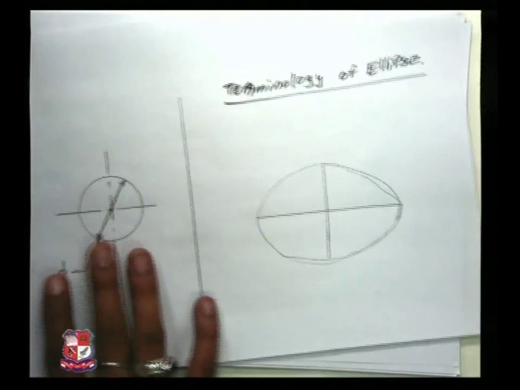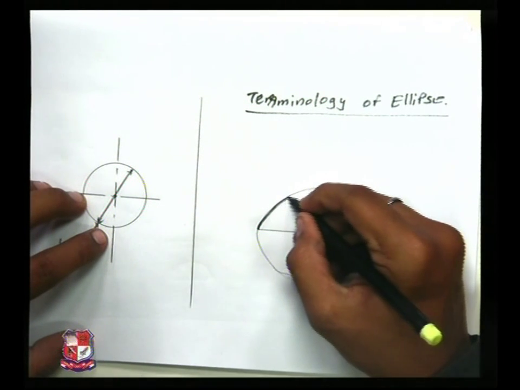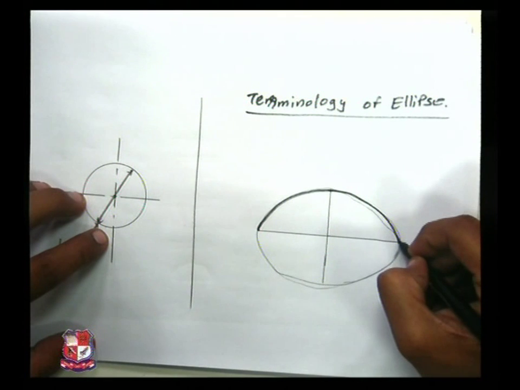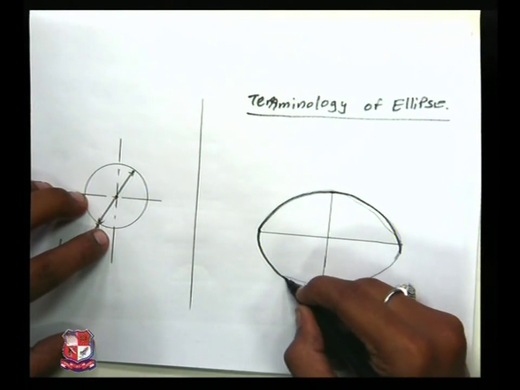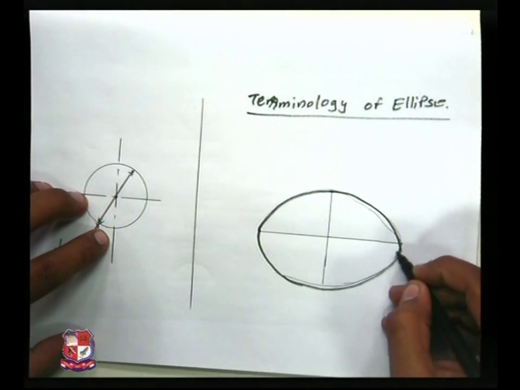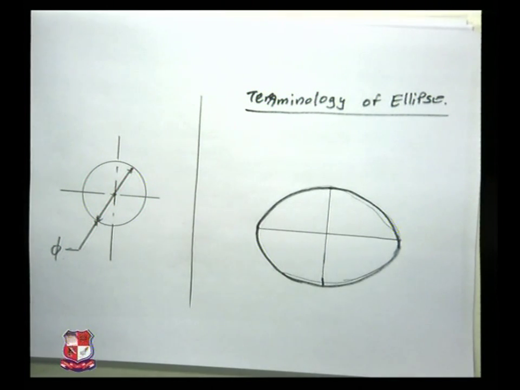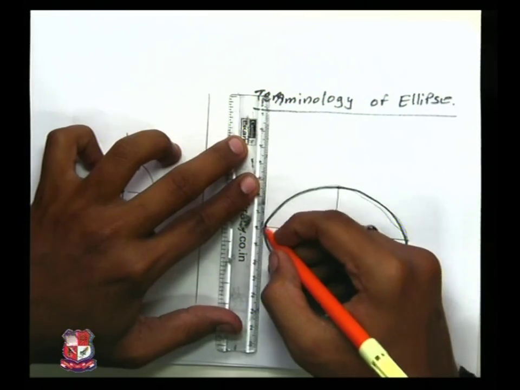The ellipse looks like this. It has two axes. One is the major axis and another is the minor axis. This is our major axis, the major diameter, rather.